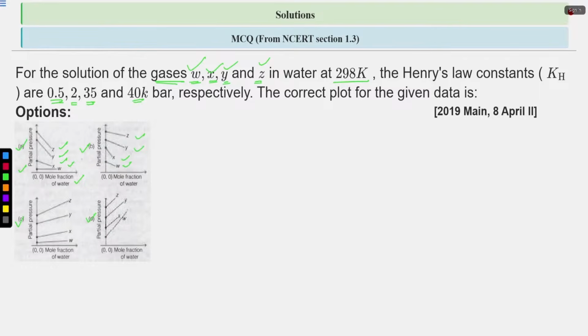Similarly, the C option and the D option are graphs between partial pressure and mole fraction of water for the gases W, X, Y, and Z. You have to determine, according to the given data, which is the correct plot. You have some time, go through it, try to solve it, and then we will see what the correct answer is.